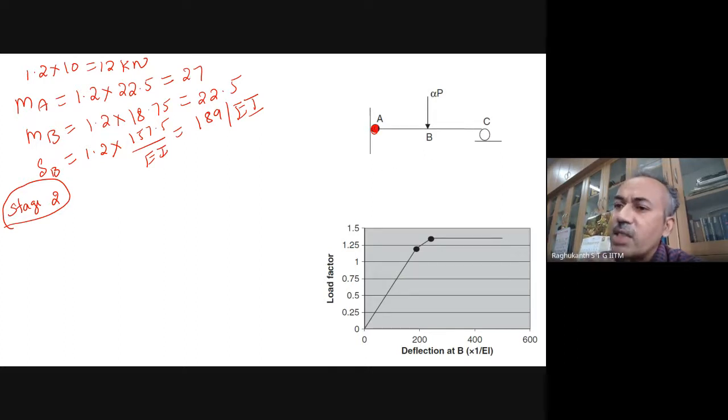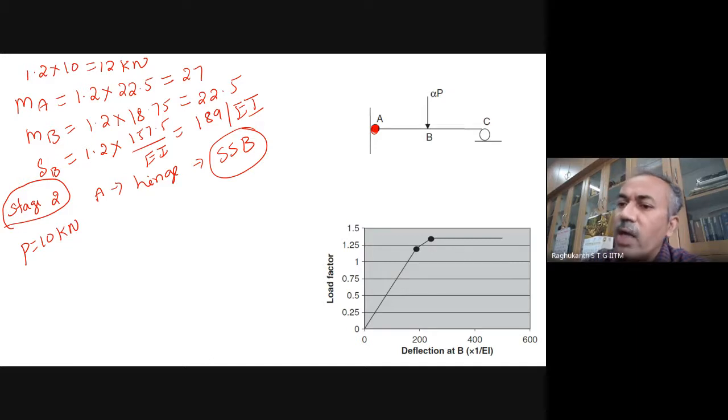At this stage of calculation, A becomes a hinge, and the beam becomes like a simply supported beam, same as what we did previously. For this problem, you take P equal to 10 kilonewton, assuming alpha as 1, and find the bending moment diagram.